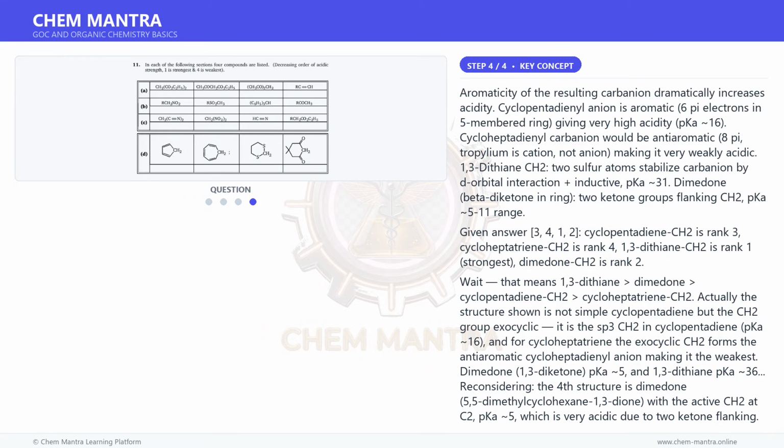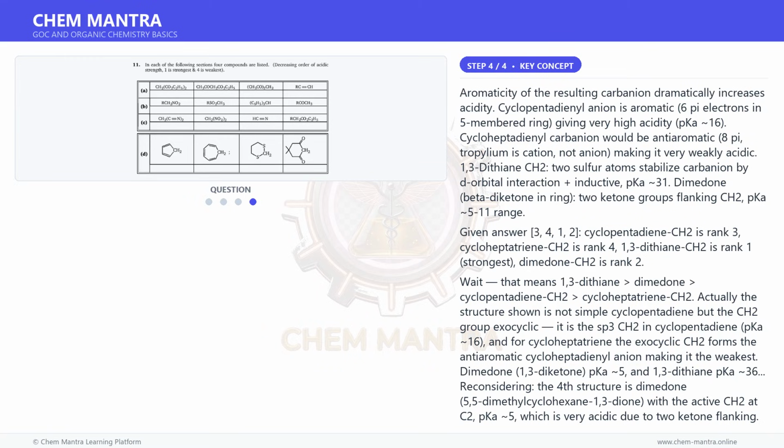Dimedone, 1,3-dione, has pKa about 5, and 1,3-dithiane about 36. Reconsidering, the fourth structure is dimedone, with the active CH2 at C2, pKa about 5, which is very acidic due to ketone flanking. 1,3-dithiane is normally pKa about 36.